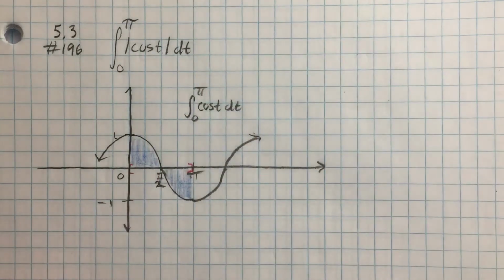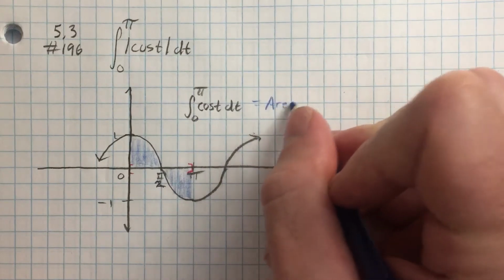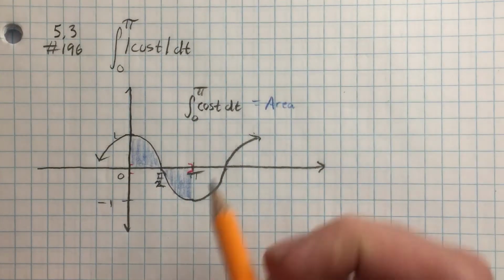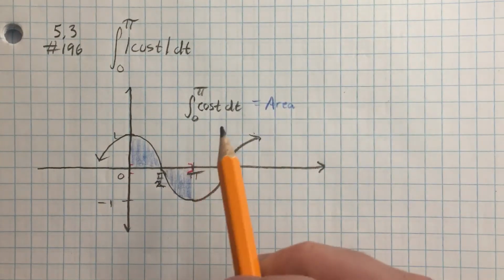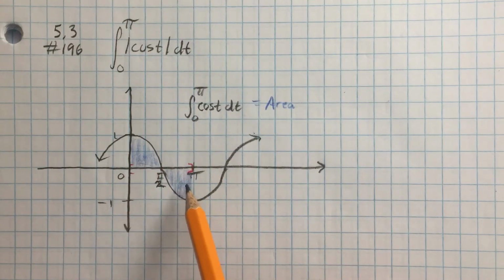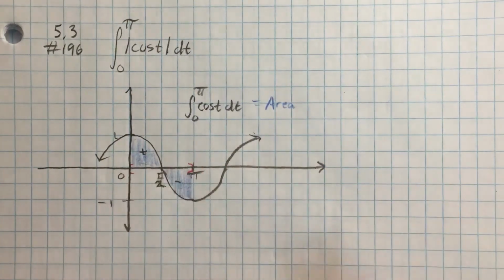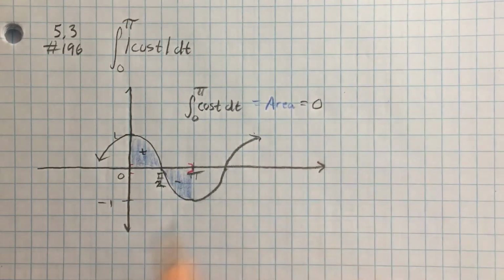The blue area is what that would be. Now, we know the integral calculates net area. So here, this sector and this sector would exactly cancel each other. They're the exact same shape, but one's below the x-axis, so this is negative, and one's above, so this is positive. Okay? So therefore, this answer is actually 0.